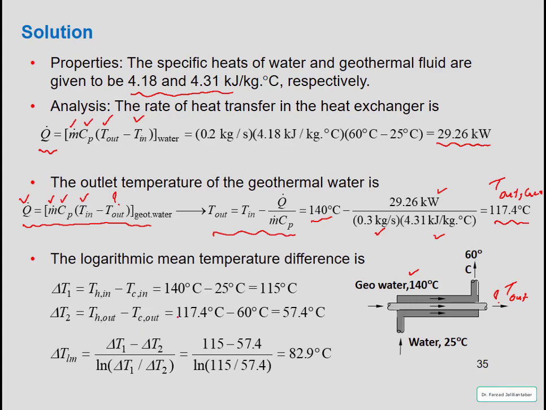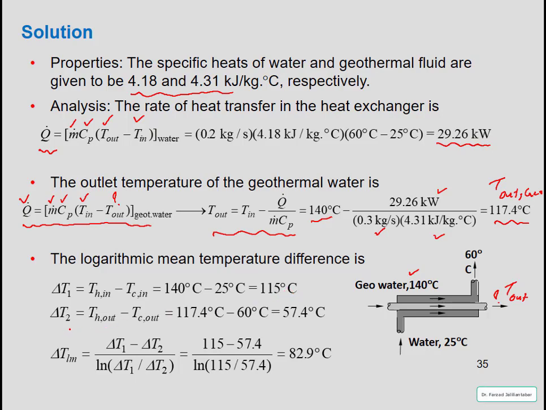Okay, so let's first use the logarithmic mean temperature difference. Delta T1, if you remember from the previous slide, is equal to TH in minus TC in. Here TH in, the hot fluid, is 140 degrees Celsius and TC in is 25 degrees Celsius. So delta T1 will be 115 degrees Celsius.